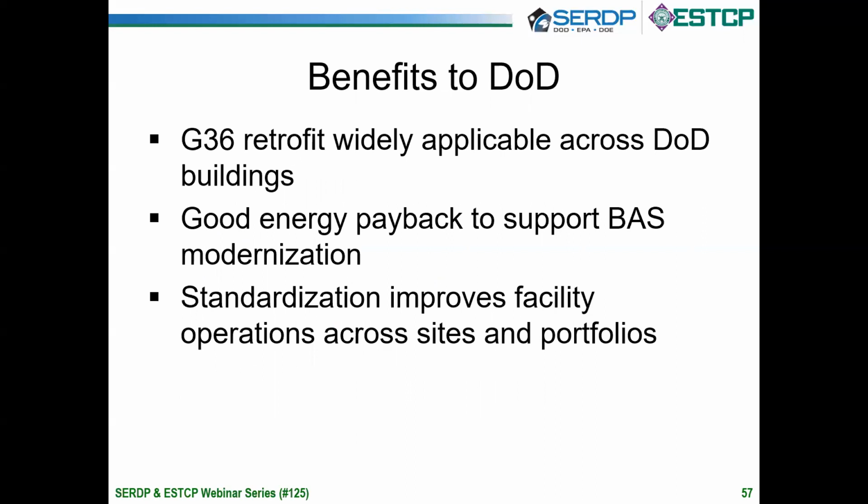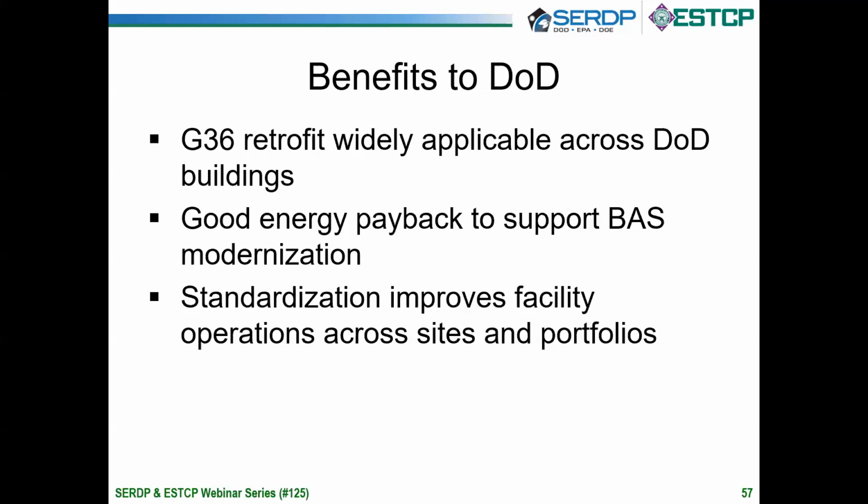This is my last slide, summarizing some anticipated benefits to DoD. The Guideline 36 controls apply widely across lots of DoD buildings and most buildings in North America, because VAV reheat is the predominant HVAC system type. So there's potential for retrofits in these buildings. We've shown the good energy payback.